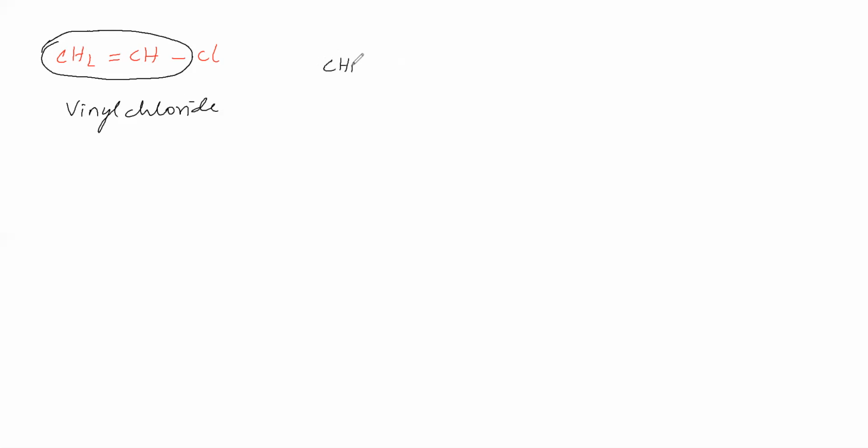Next we will take CH2=CH-CH2Cl. What is the name of this? CH2=CH-CH2- is called allyl. This Cl is called chloride. Therefore it is called allyl chloride.